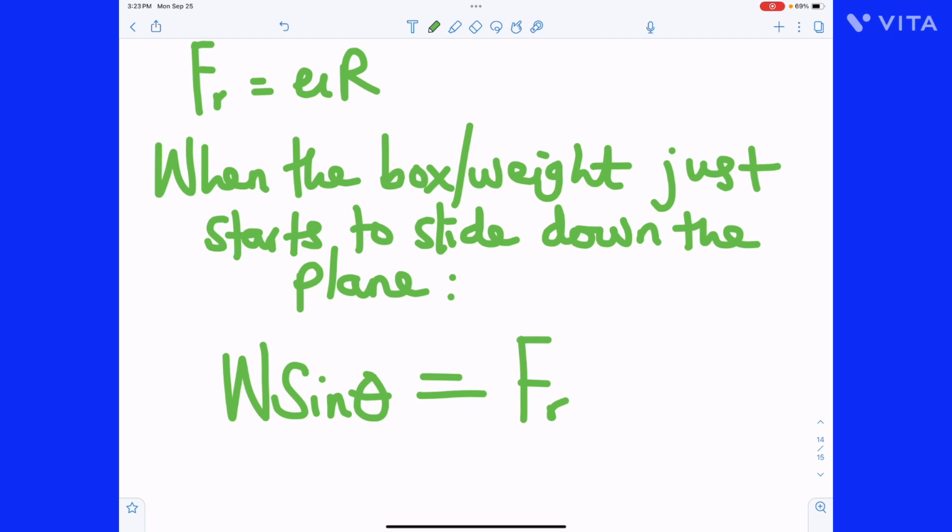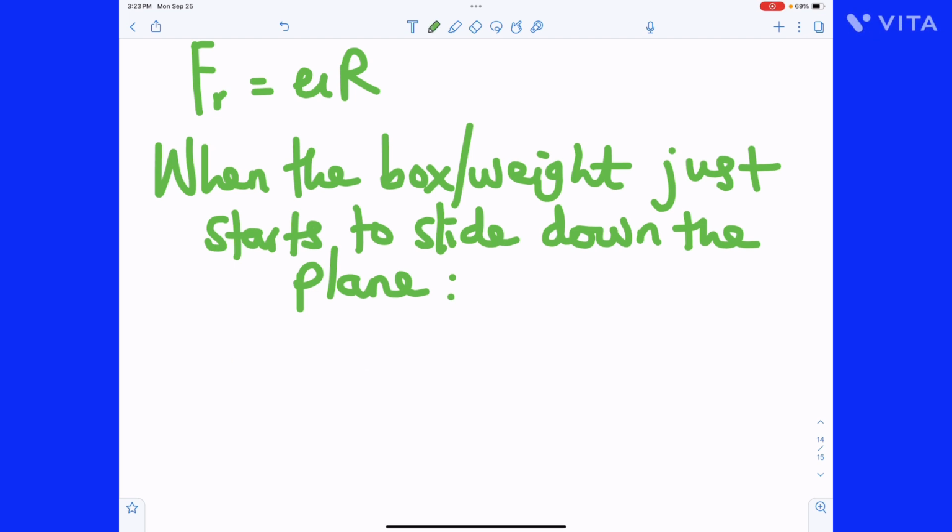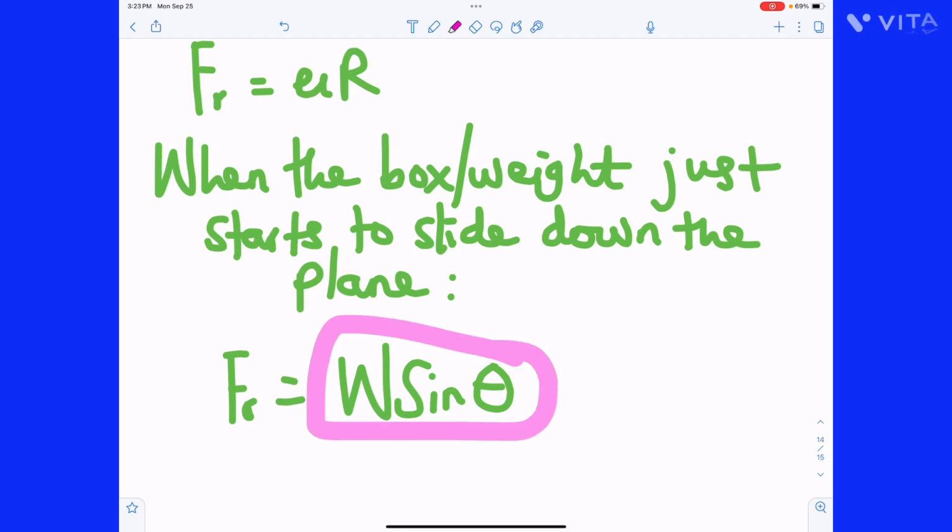I can also put it like this. The component of the weight of the box acting downwards equals the frictional force Fr. So this is the component of the weight acting along the plane. At the point where this equals the frictional force, the box will just start sliding down the plane.